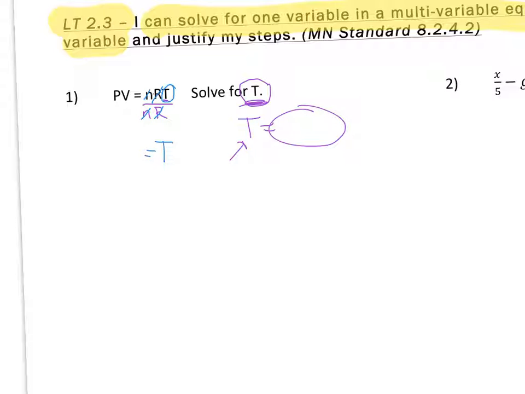Since we do it to one side of the equal sign, you have to do it to the other side. So you have to divide this side by nr. We can't cancel anything there, so your answer is just PV over nr. So see how we didn't change any letters? We're just rearranging it. Now we have t by itself, and we are good.